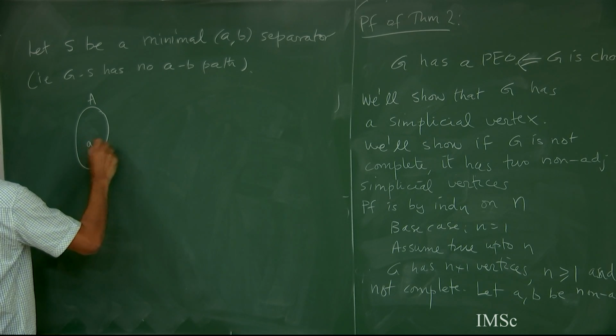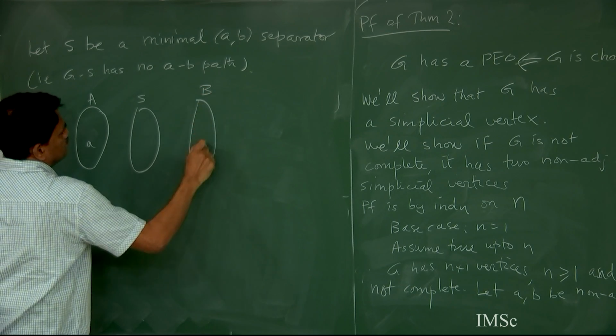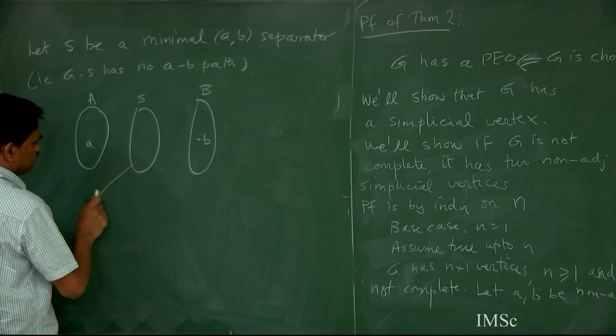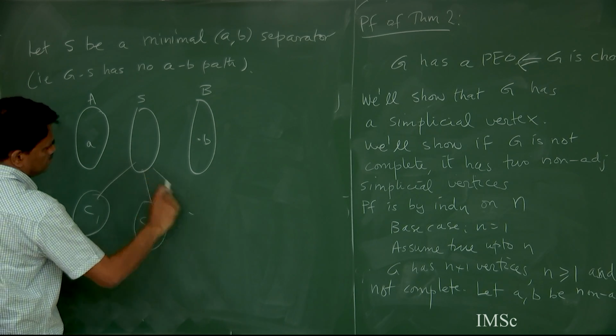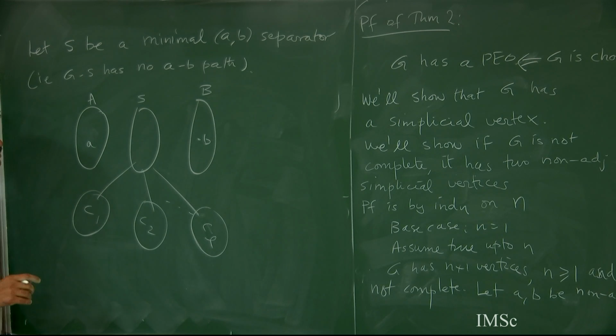So this is my A, this is S, and there may be a lot of components here. It is a minimal separator, so that means it is a minimal set of vertices whose removal kills all AB paths, and no proper subset of S is enough to kill all AB paths.